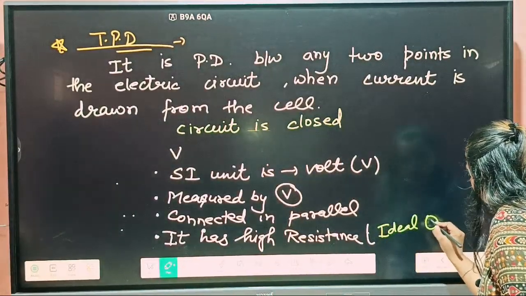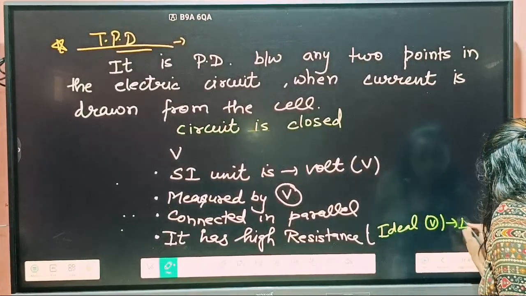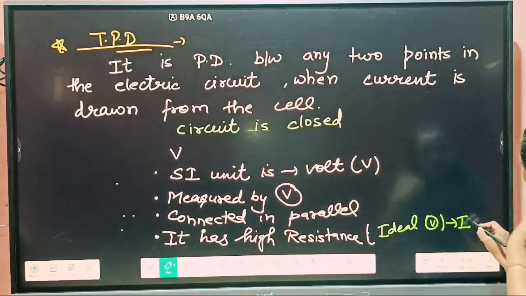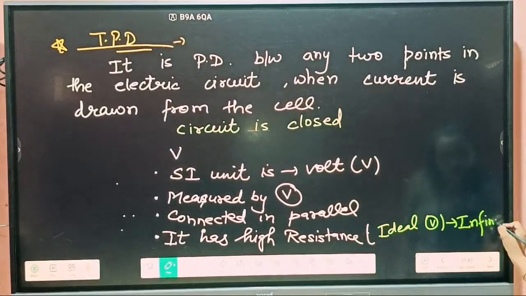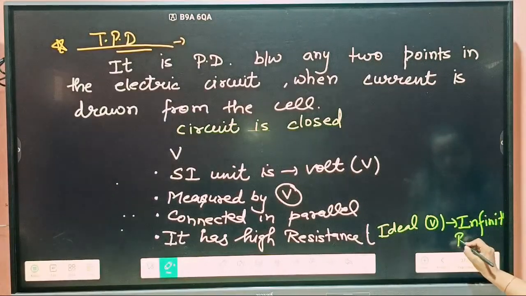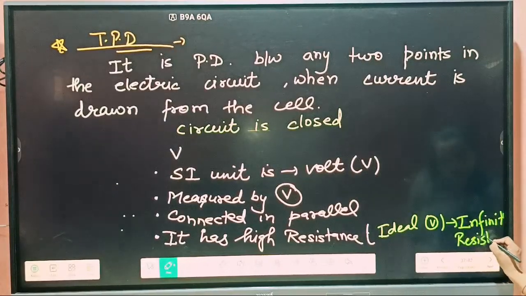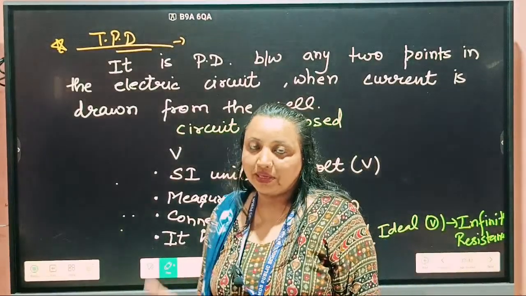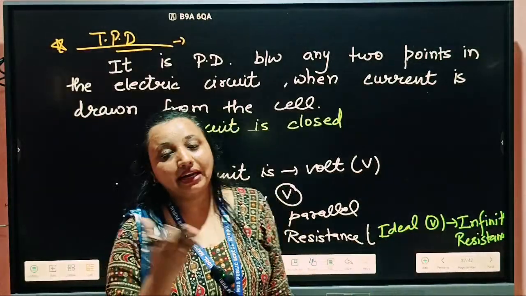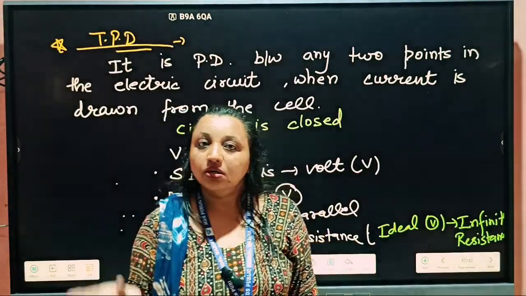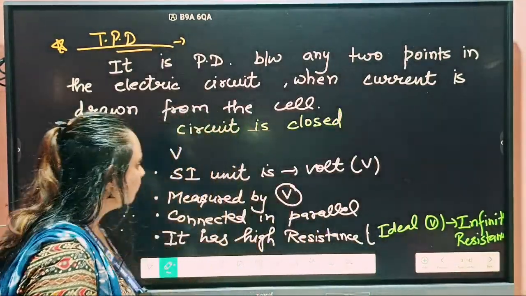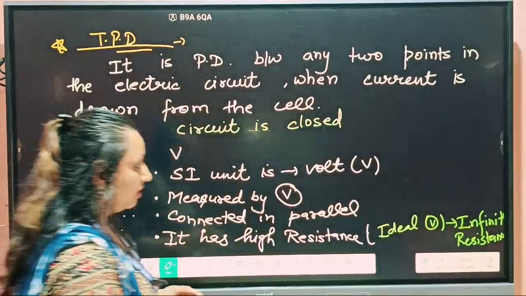It offers infinite resistance, and the resistance of an ideal ammeter is equal to 0. So this is terminal potential difference.